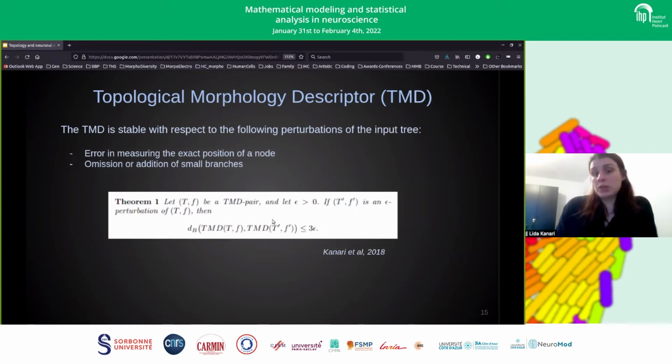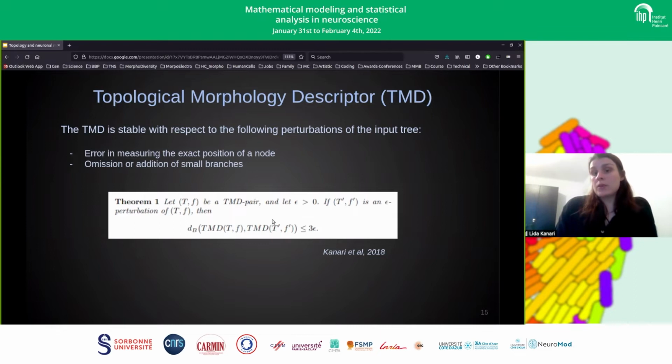And so we proved that the bottleneck distance between two pairs of trees, with respect to these types of perturbations that I described before, is bounded by epsilon, so by the size of these perturbations.